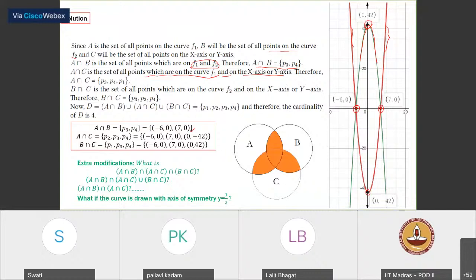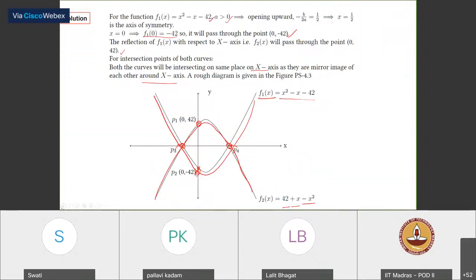So I think I know. Should be okay. So A intersection C is equal to, sorry, there is a mistake, I think. Anyway, in the solution, it is okay. The points which are in A intersection C will be P2, P3, and P4.